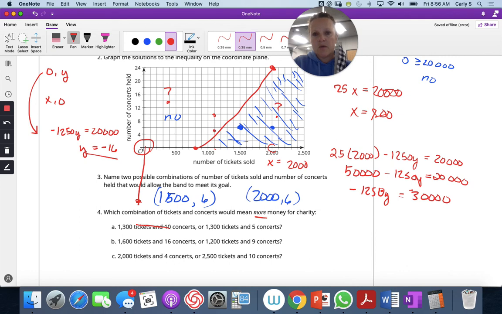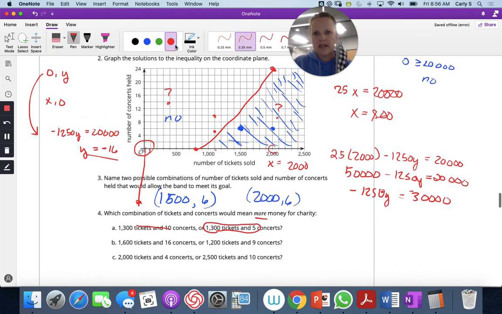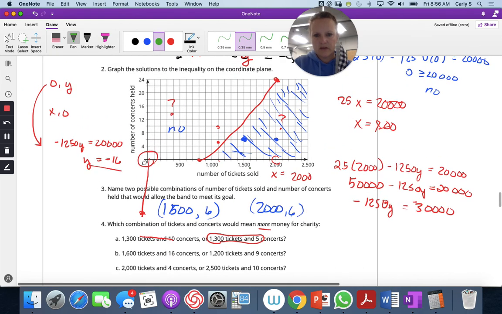So you're actually going to get more money with the 1,300 tickets and 5 concerts because you're closer to your solution. 1,600 tickets and 16 concerts. 1,600 and 1,616 or 1,200. Okay, I think it's a 1,200.